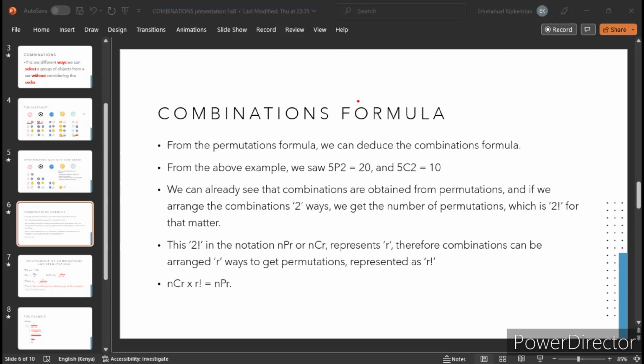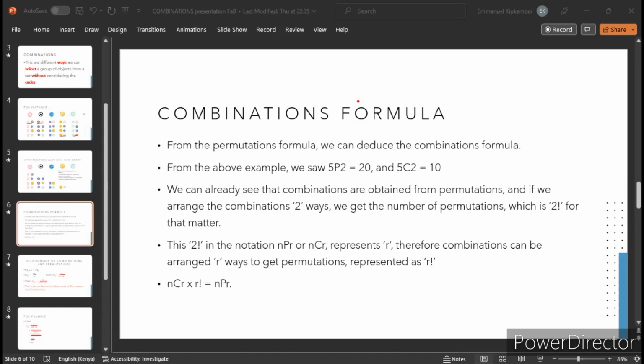From the above example, we saw that 5 permutation 2 is equal to 20, and 5 combination 2 is equal to 10. We can already see that combinations are obtained from permutations, and if we arrange the combination in 2 ways, we get the number of permutations, which is 2 factorial.